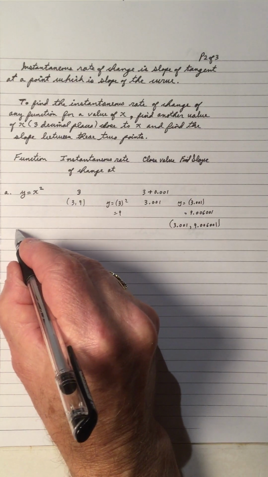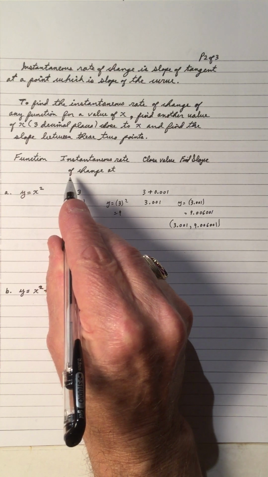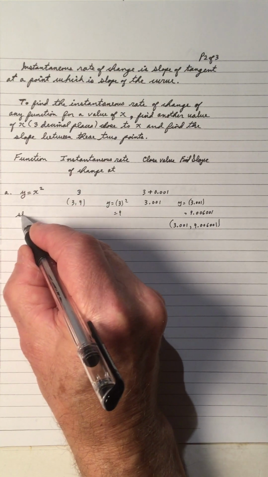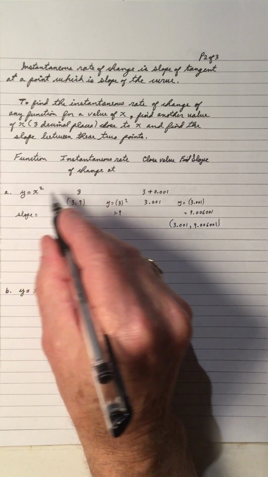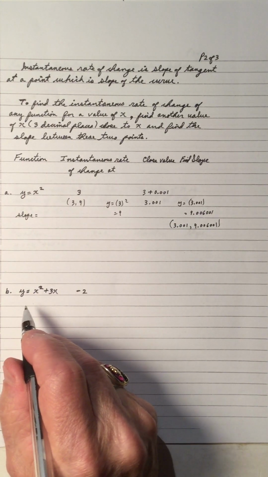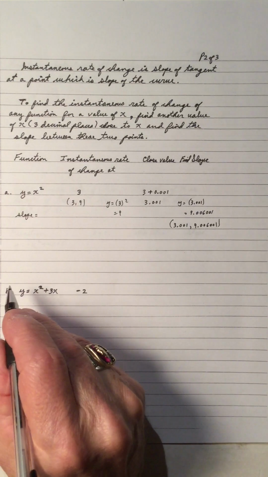So the slope, which is the instantaneous rate of change, is the slope of the tangent to this curve at 3.